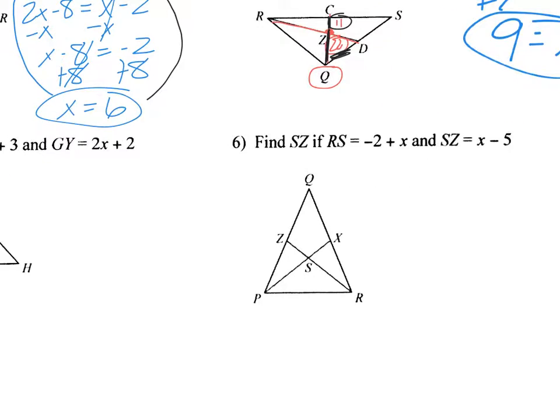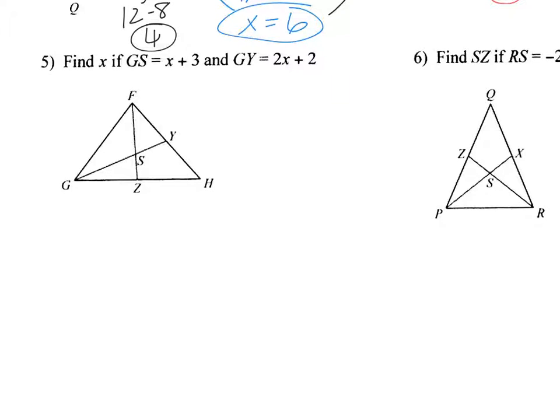Hopefully as we do another example, that'll make a little bit more sense. All right, so here, again, we have two medians intersecting. And it tells me GS is x plus 3. So from G to S, from the vertex, is 2 times bigger than it is to the side.